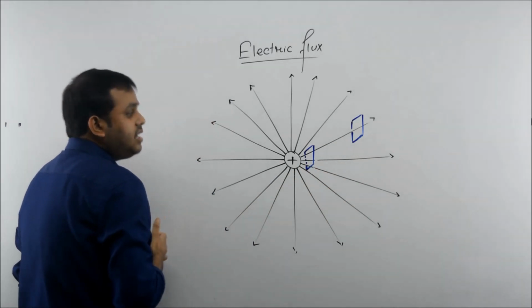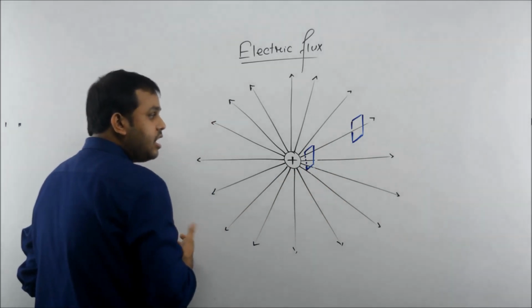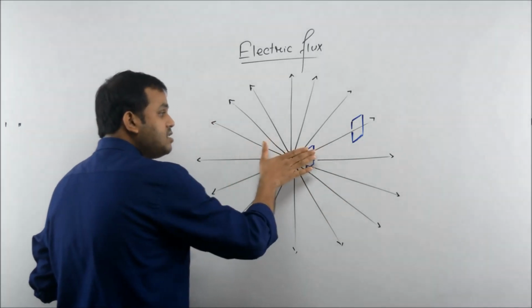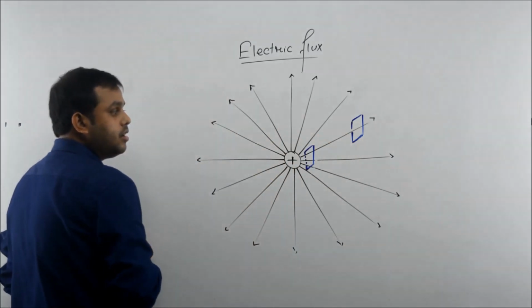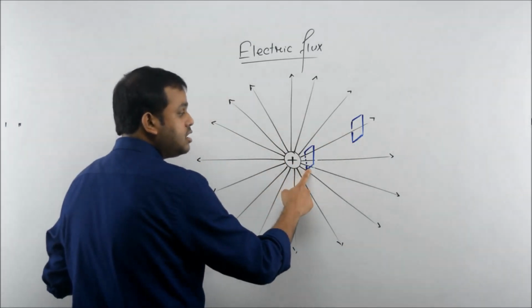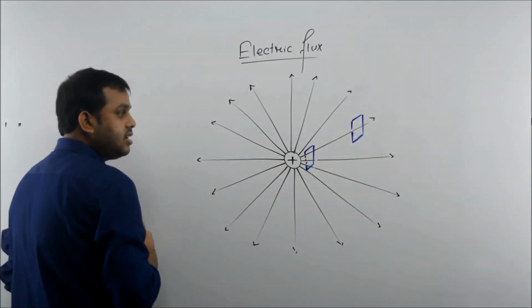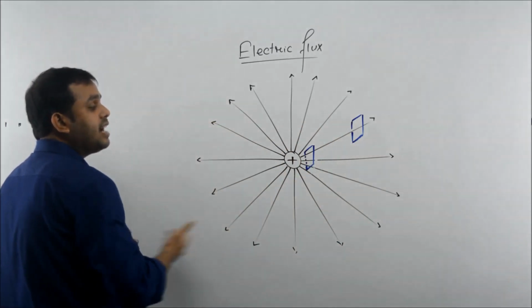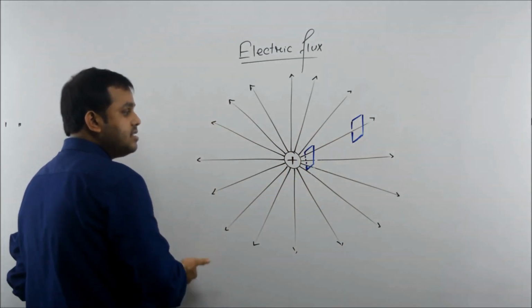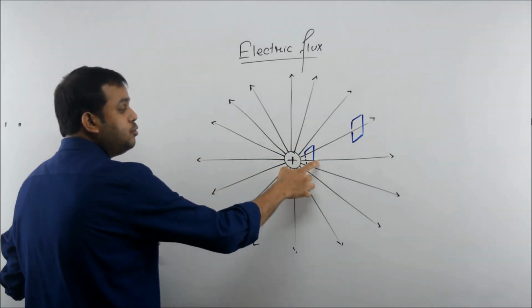Clearly you can see that more electric field lines are piercing through this surface in comparison with this area. If I take this blue one and this one, clearly we can see that in comparison with this, more electric field lines are piercing through this blue surface.